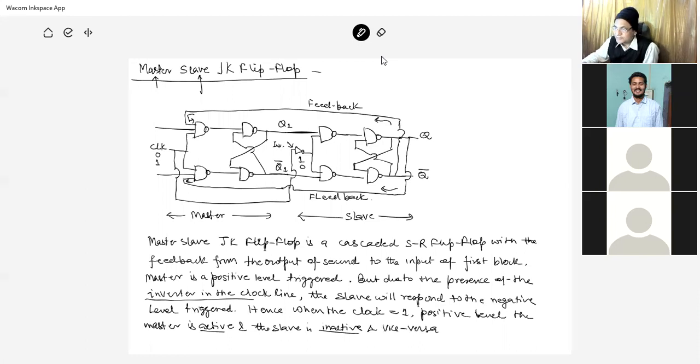Vice versa means if the clock is 0, negative level, the slave is active and the master is inactive.